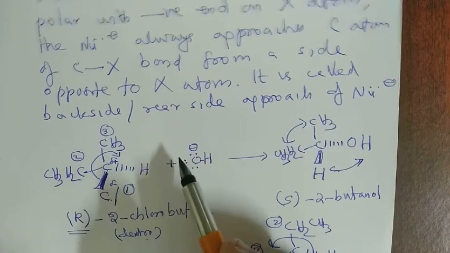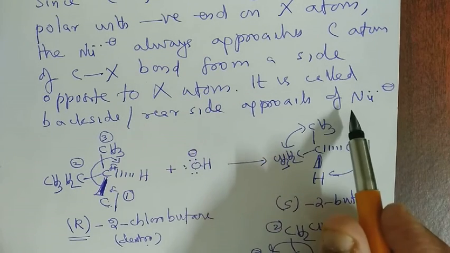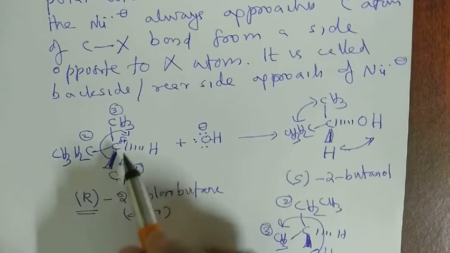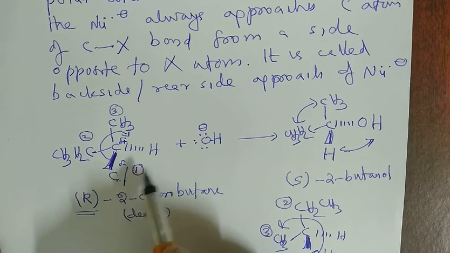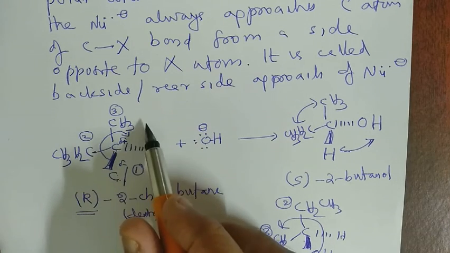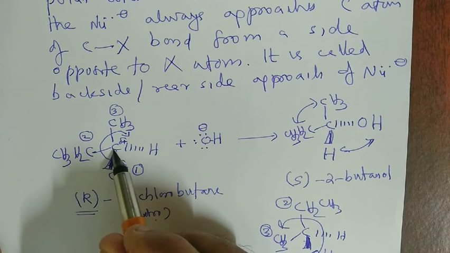It is due to the specific backside or rear side approach of the nucleophile. If the halogen atom is pointing towards the observer, the nucleophile approaches from the rear side. If the halogen atom is pointing away from the observer, the nucleophile approaches from the front side.